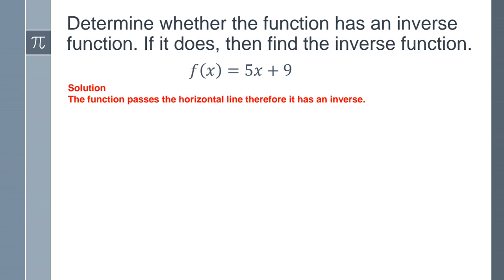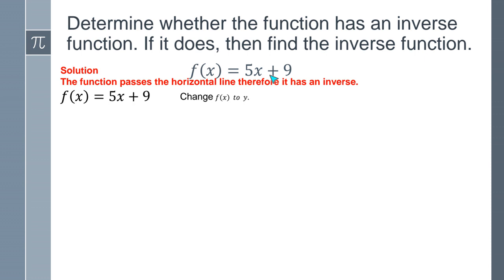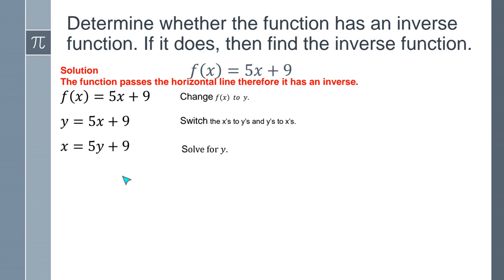The first thing is to determine if the function actually has an inverse. Since this is a line, it's going to pass the horizontal line test. Now that we know it has an inverse, the first thing you want to do is change f of x to y. So I'm going to have y is equal to 5x plus 9. Then we're going to switch the x and the y. So instead of y, I'm going to have x.